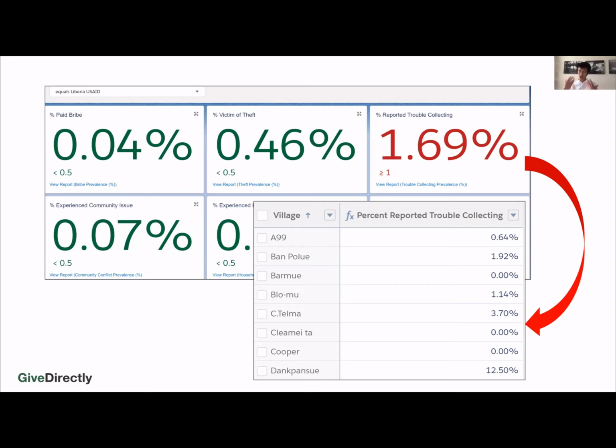And during the process, you want to be collecting a lot of this live feedback so that you can make adjustments. From here, a manager is able to drill in and look and say, hey, look, our last village on the list here, Dongfeng Su, that's driving a majority of the cash out issues. What's going on? Let's send a field officer in to investigate. Is there a liquidity issue here?